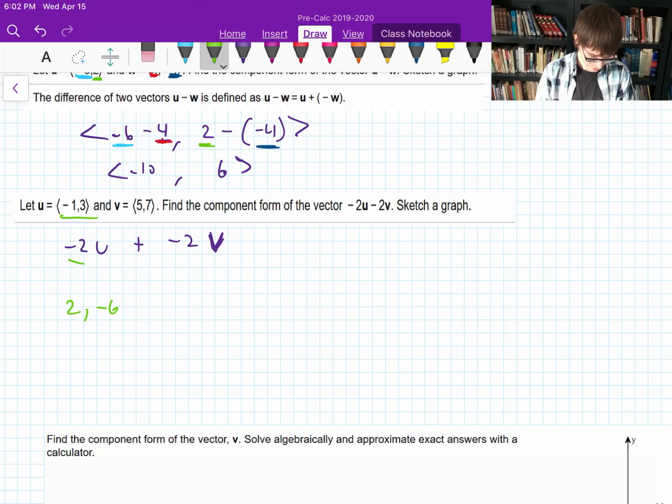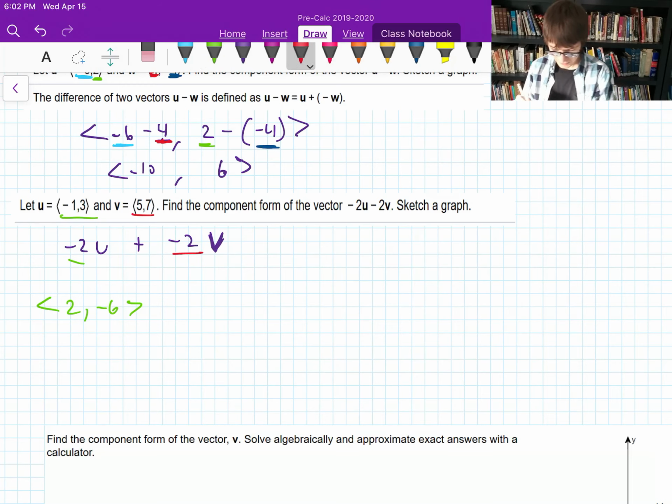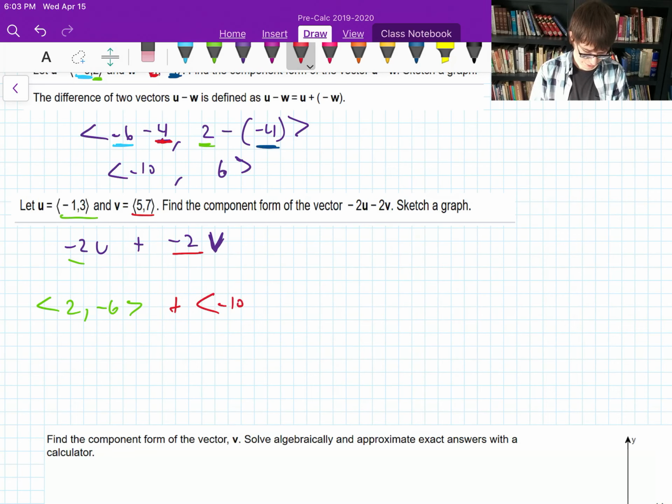Plus, we multiply 5 and 7 by -2, and we get -10 and -14. Then we just add them together. Add the x's, add the y's, and we're done. -2 plus -10 is -8, and -6 minus 14 is -20.